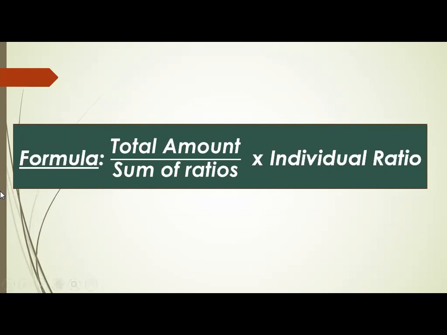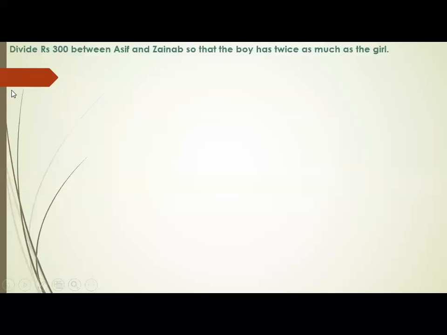So let's continue. Let's take some example questions. Students, here the question is: divide rupees 300 between Asif and Zainab so that the boy has twice as much as the girl. What is the meaning of this question? We have to divide rupees 300.